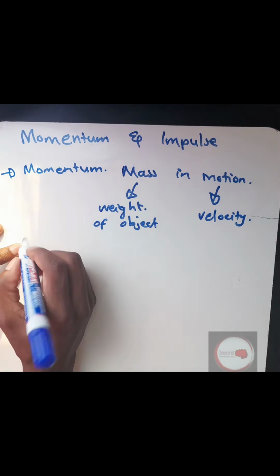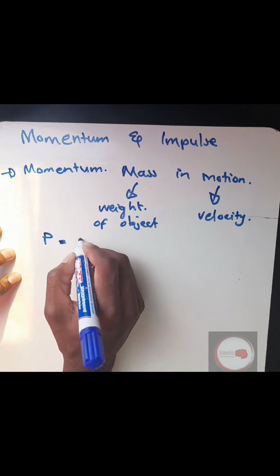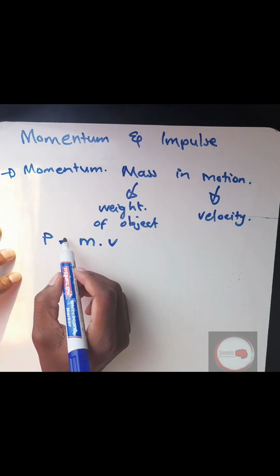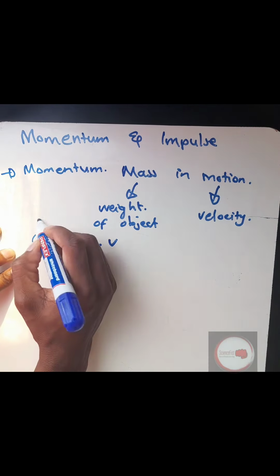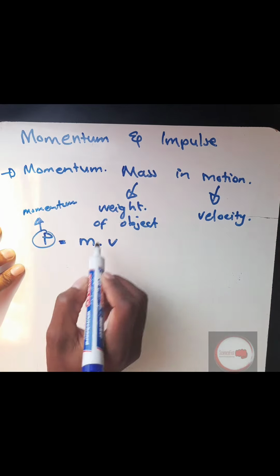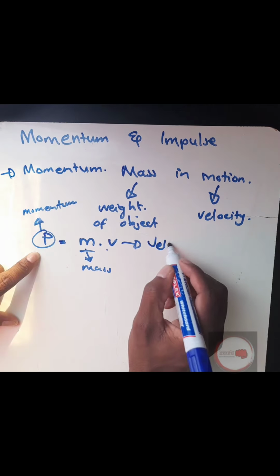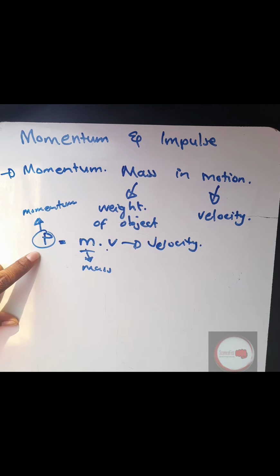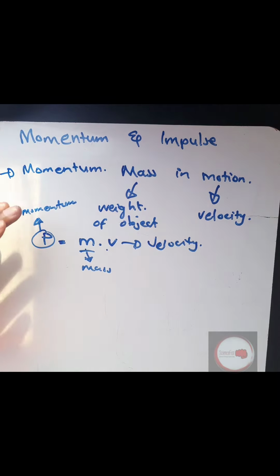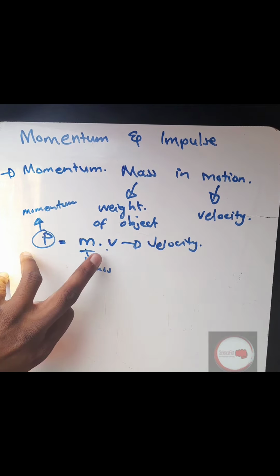So all together we have momentum, which is abbreviated by P, and this will be the mass, and this will be the velocity of the object. Okay, so momentum, that's mass in motion, the basic definition. This is the sign that we use for momentum, P. The mass is m, and then v is your velocity, right?